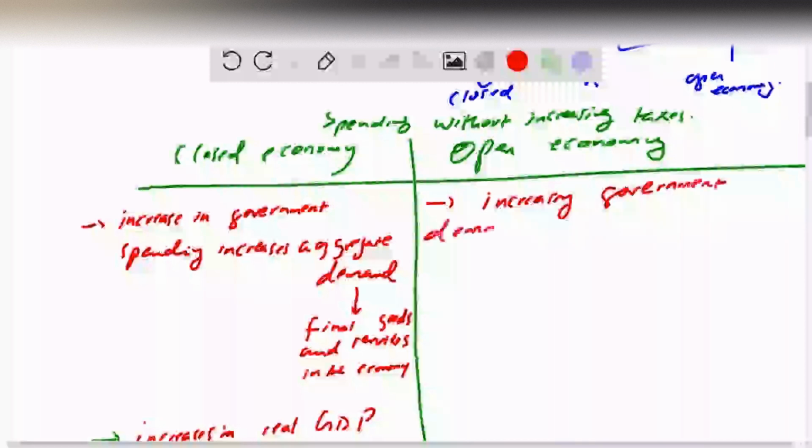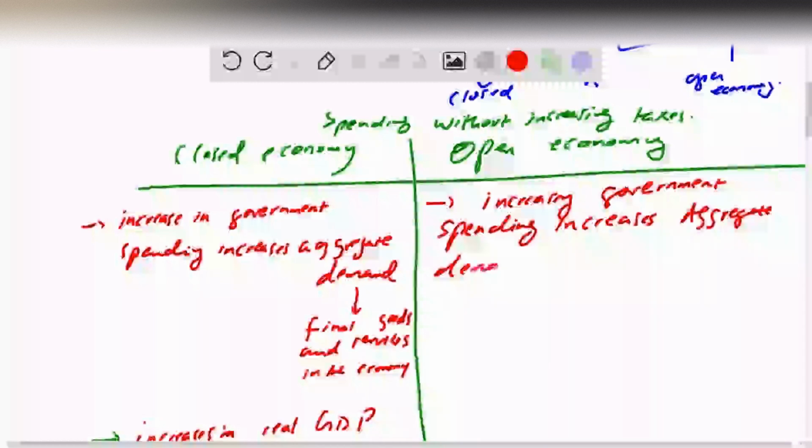Increasing government spending increases aggregate demand.